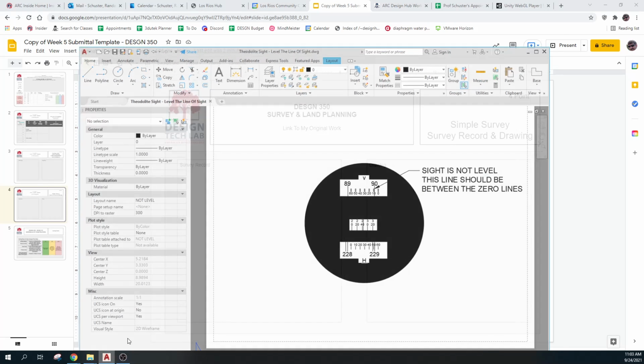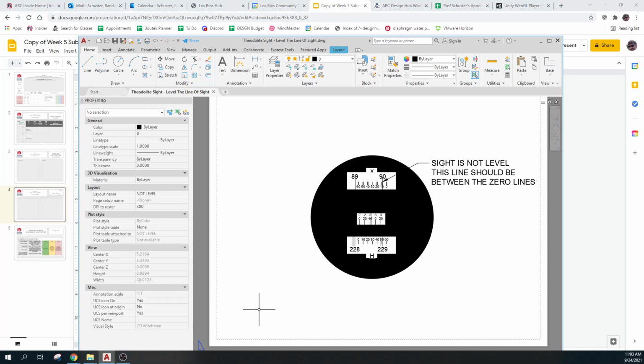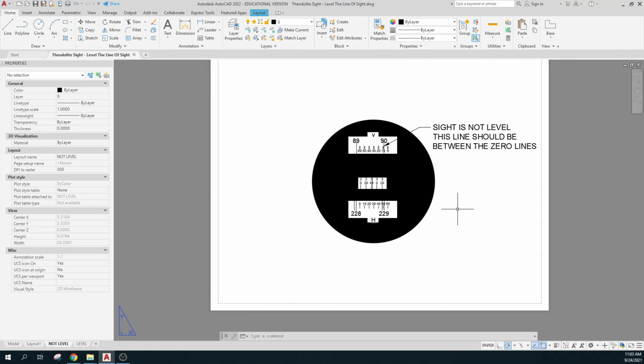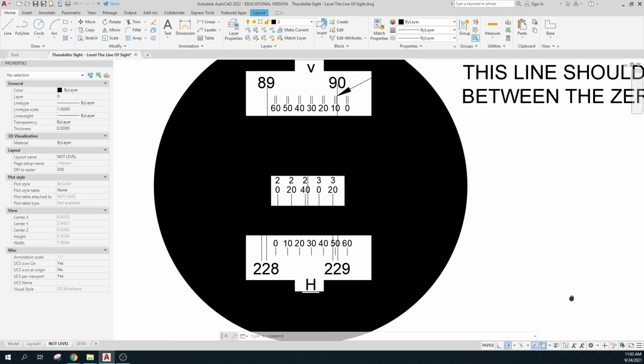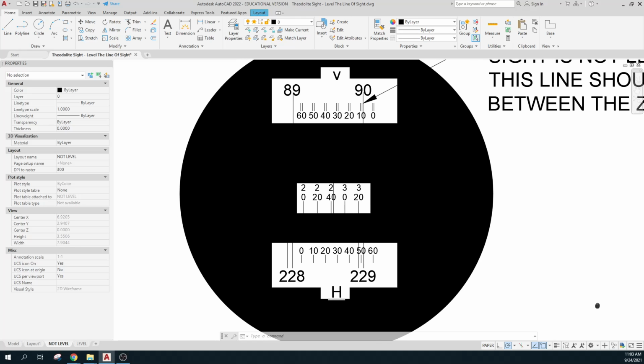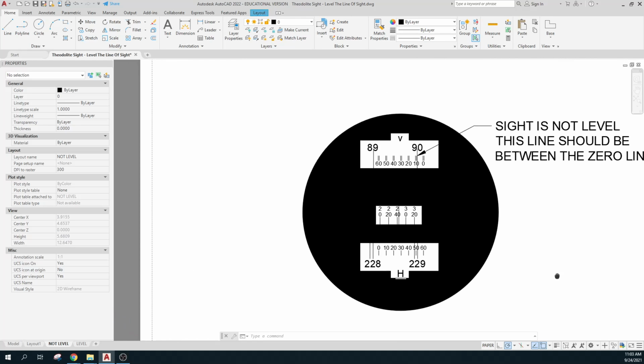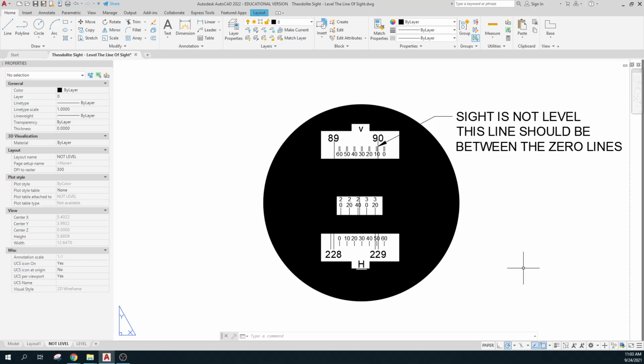Now I want to show this because I saw a couple where your elevations are not going to be right because of how this looks. So I want to reiterate how this goes. I drew one up.